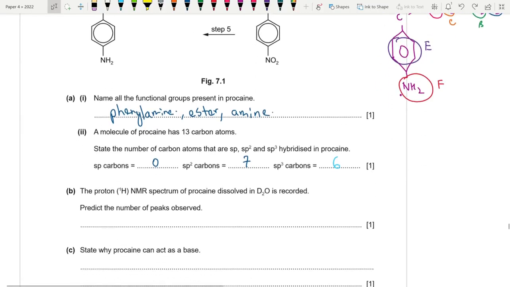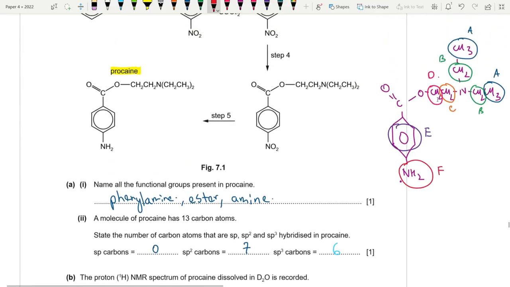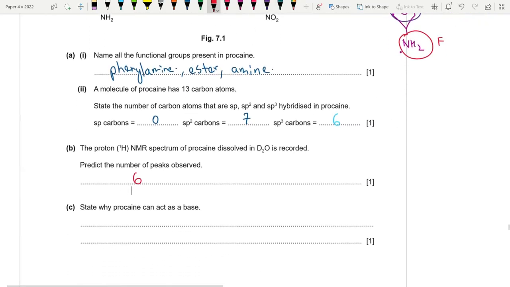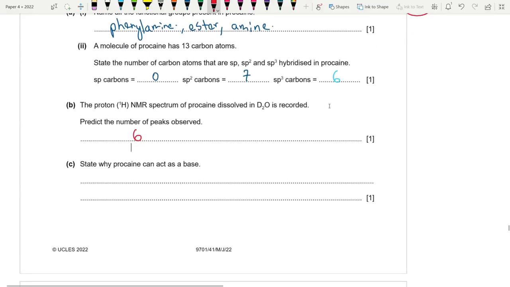Yes, 6. Okay, I will get back to you on this. If I do find something out, I will mention it down below in the comment section. But for now, for sure it has 6 peaks. Clearly A, B, C, D, and E for the benzene ring. All protons in a benzene ring are always in the same environment, and F for the amine. But I just need to check why this hasn't been exchanged completely. I'll let you know in the comments.